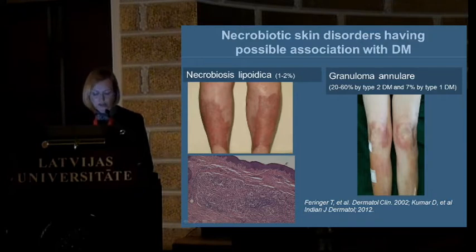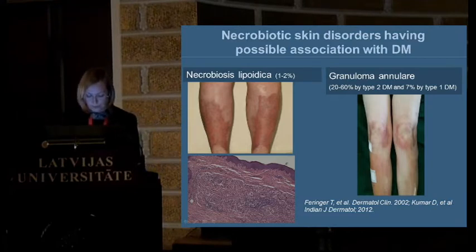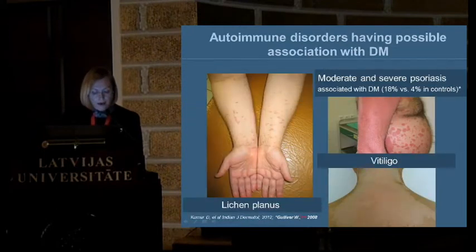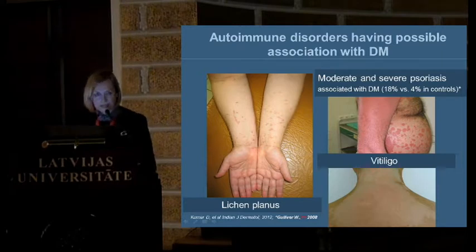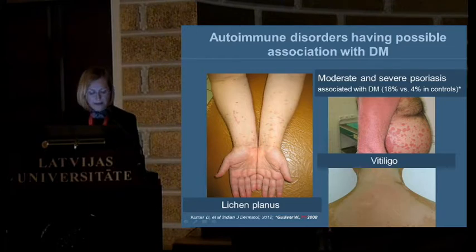The association of necrobiotic disorders with diabetes is not clear yet. Patients with vitiligo, lichen planus, and psoriasis are reported to have an increased incidence of abnormal glucose tolerance or diabetes mellitus.